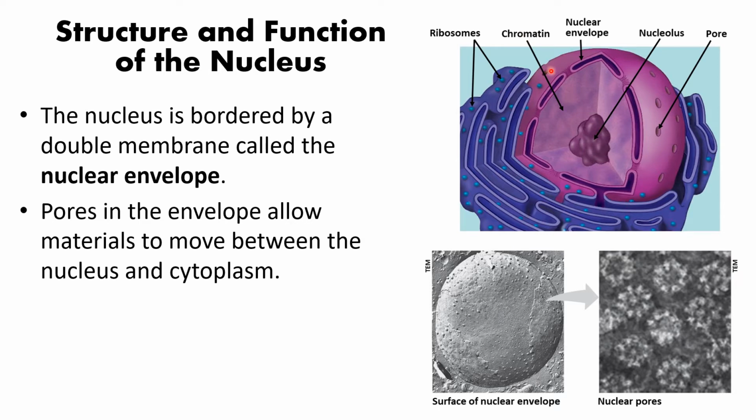Now, there are pores on the outside of the nuclear envelope, and this is going to allow materials to pass into and out of the nucleus. Now, there are certain things that can enter and leave the nucleus, and others that are not going to be able to leave. One of the things that is not supposed to ever leave the nucleus is the DNA. So the DNA stays in the nucleus, but it has all of the instructions for the proteins.